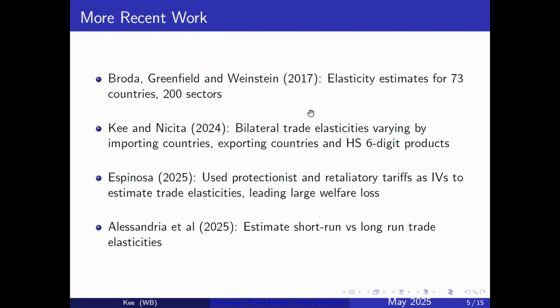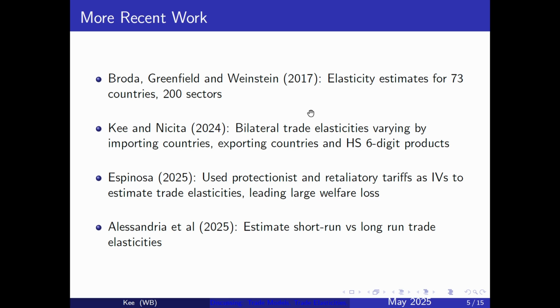It's just mind-boggling. But I'm not the only one pushing this, and I shouldn't be, because there are newcomers. They are focusing on pushing the envelope to other dimensions. These are just two job candidates that visited the World Bank in the past few months, and their papers are on estimating trade elasticities as well.